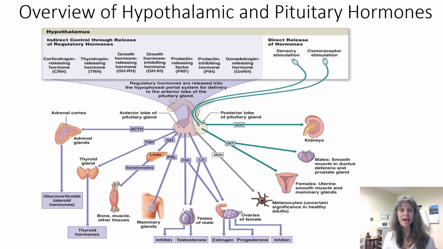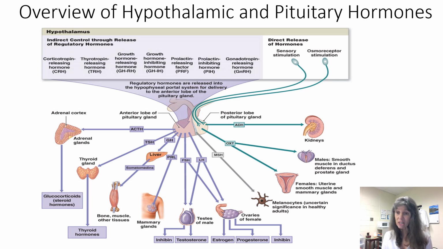And you'll notice that the hypothalamus has neurons that produce two types of hormones, releasing hormones and inhibiting hormones. Releasing hormones are going to cause other cells to release hormones, and inhibiting hormones prevent that release.